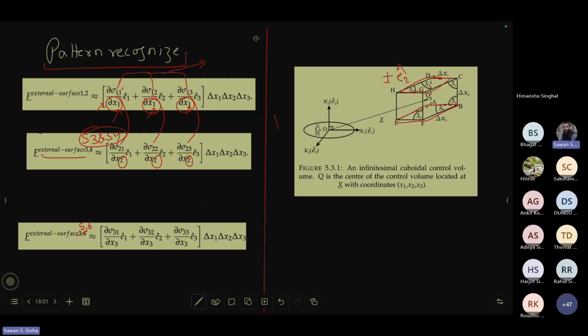And the third indices are actually about the force components. They will remain the same. Also note that here on the right hand side, I have the volume of the control volume, the product of delta x1, delta x2 and delta x3. It just turns out to be like that.